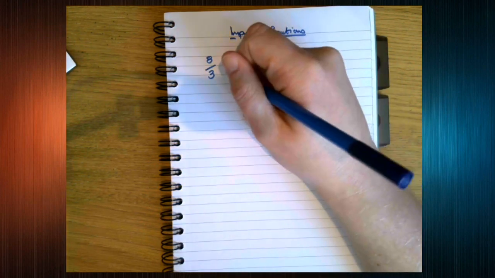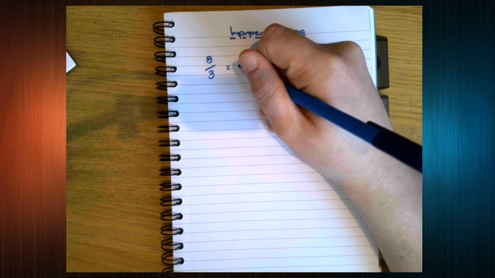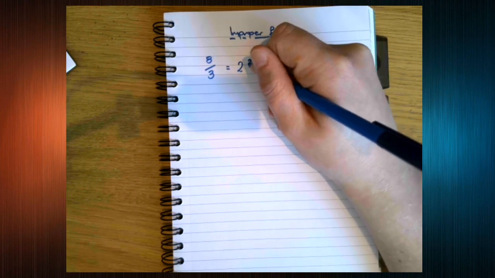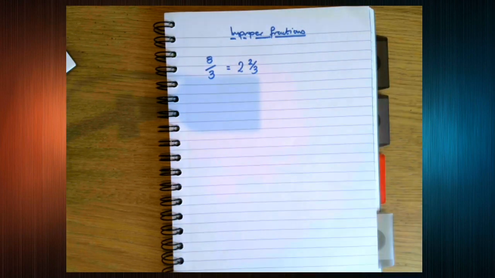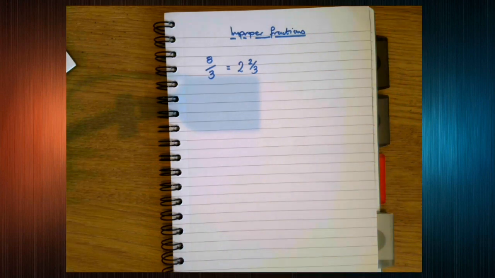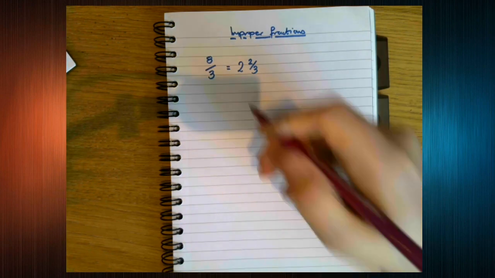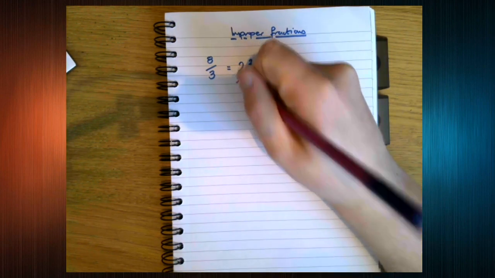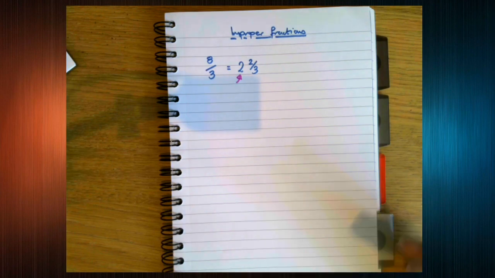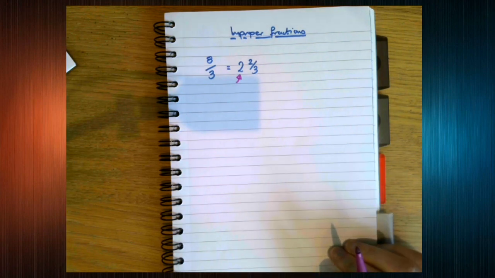But we can also write it in a different way, as a whole number and a fraction. What do these numbers represent? So this is how many times 3 goes into 8 completely.